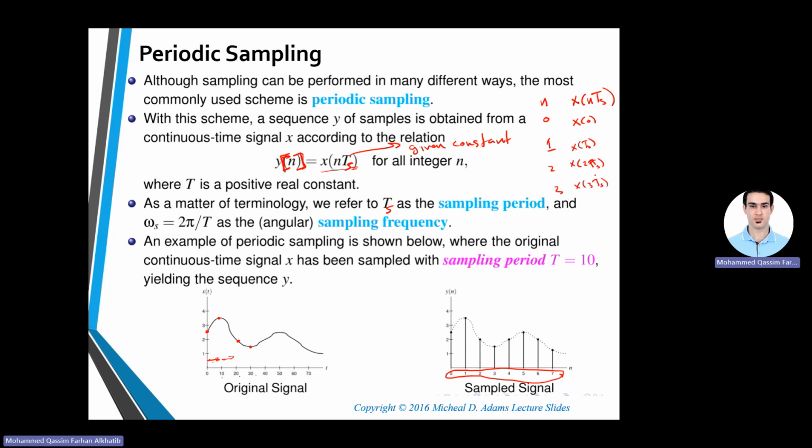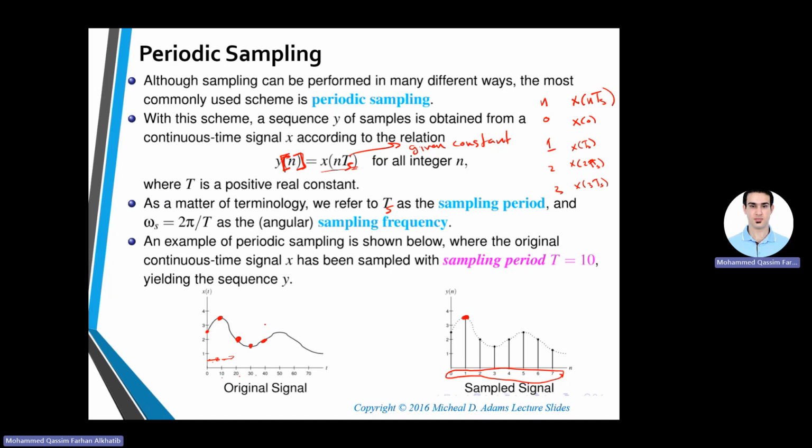Now let's assume Ts is 10, like in this example. So y of 0 is going to be equal to x of 0. y of 1, my second sample, is going to be x of 10. So I go here, x of 10, this is the value. For 2, I'm going to take x of 2 times 10, x of 20. So that's my third sample, and so on.